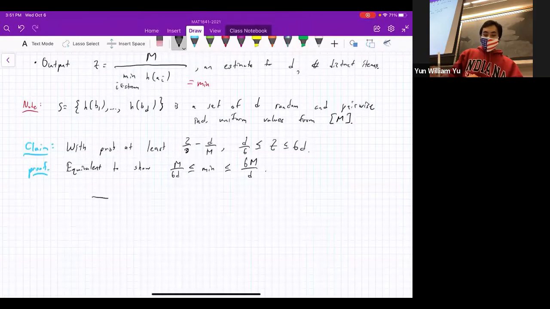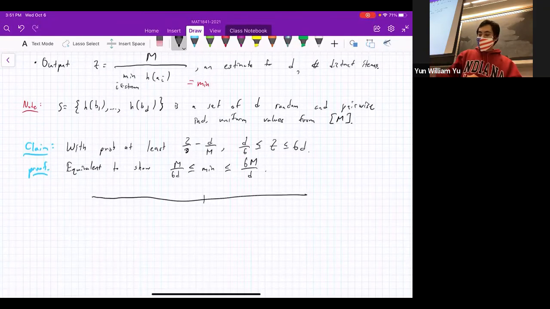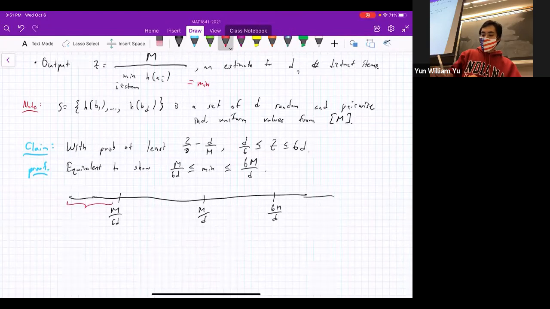Okay, so what are we trying to do? So we have some set. We have m over d, and we have m over 6d, and we have 6m over d. And notice that the minimum is here if there exists some i such that h of bi is less than or equal to m over 6d.